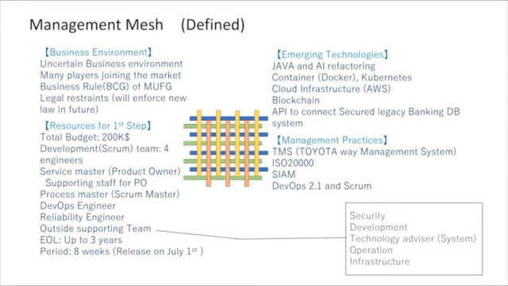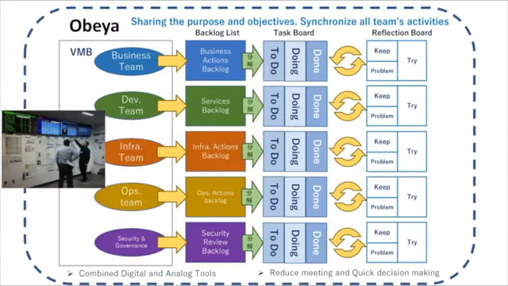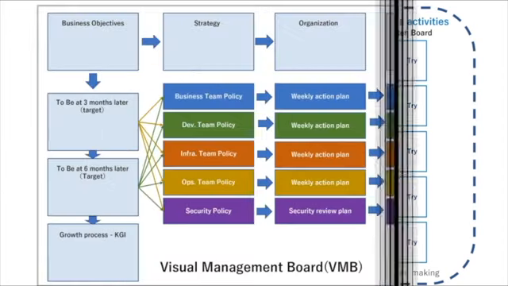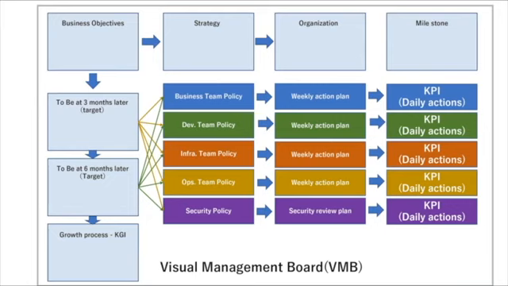Produce and provide processes are really the same as the DevOps 2.1 process. We are adding one more process before the produce process, which is the inception process. This added process aims at preparing for faster and quicker development and deployment work. We set up OBEAR for this project and completed a visual management board.